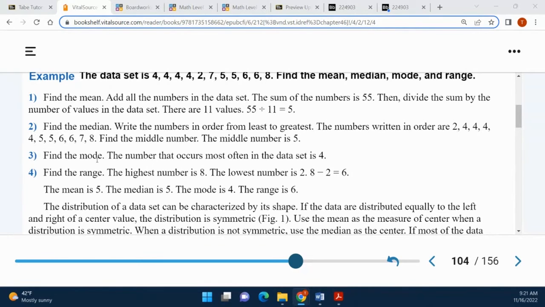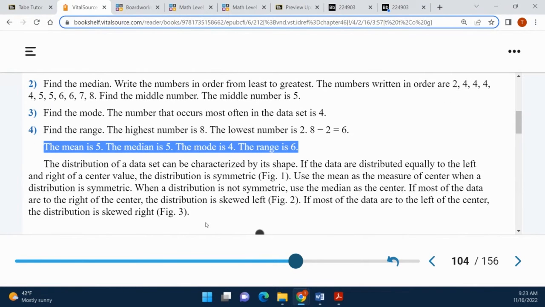And when you look at the mode, you're looking at the number that occurs the most, and that number is 4. When you're looking for the range, you're looking for the difference. So if the greatest value is 8 and we subtract 2, because that's the lowest value, we come up with 6.